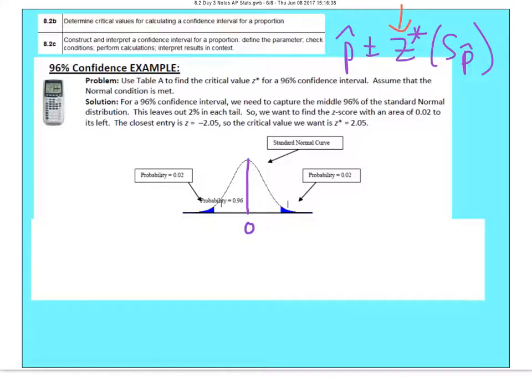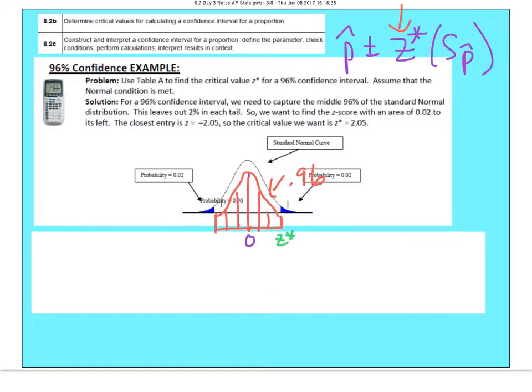Now to find the 96% confidence interval means that they want 96% of the area under the curve. So if this is 96% of the area, what I technically need to do is the inverse norm calculation. Remember, inverse norm will tell me what this critical value is supposed to be right here. It'll give me that z star.